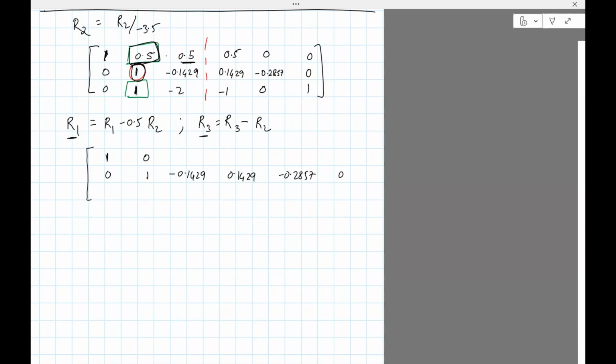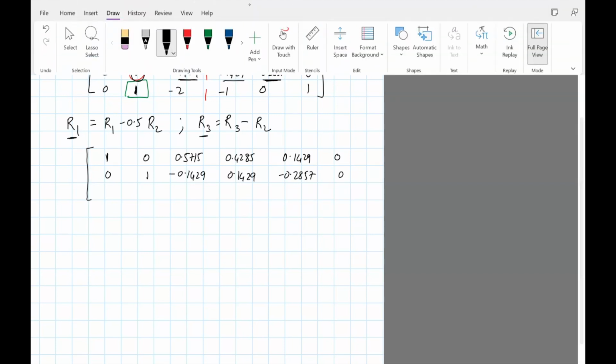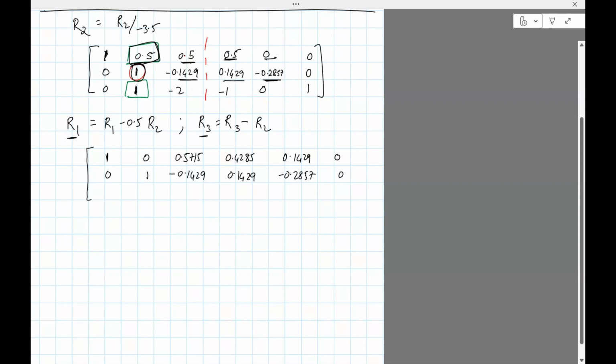Then we have 0.5 minus 0.5 times 0.1429, which comes out to be positive 0.5715. Then 0.5 minus 0.5 times 0.1429 gives 0.4285. Then 0 minus 0.5 times this gives me 0.1429. And then 0 minus 0 will always be 0. So this is the operation on the entire row.